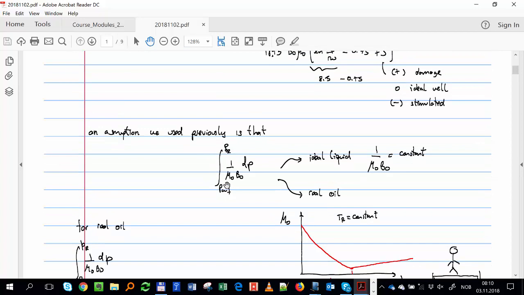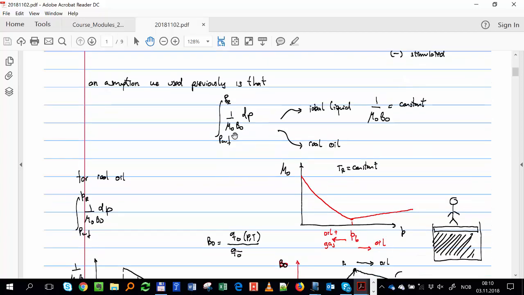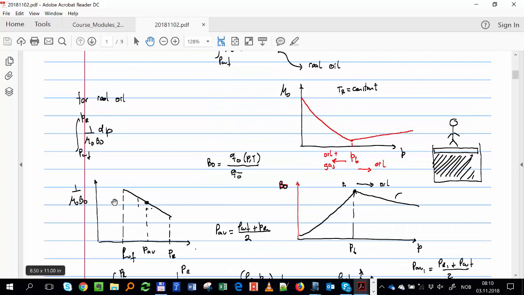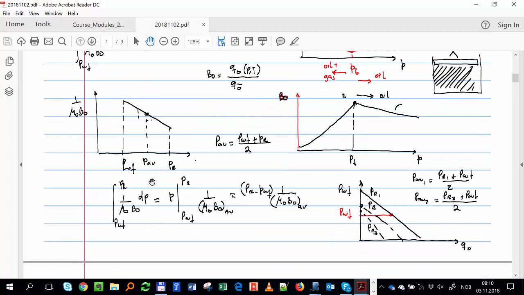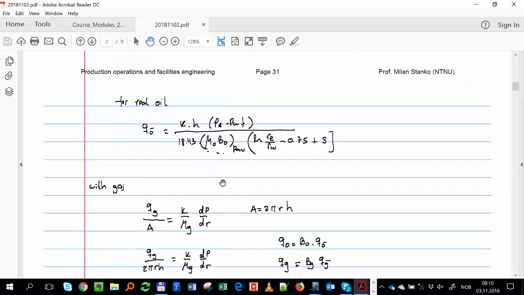And remember, if it's ideal, we are assuming that the product of these two, the viscosity and the Bo, is a constant. Now we don't assume that anymore, but I told you that it changed like a straight line. And then if we evaluate this product at an average pressure, we can use basically the same equation as before.